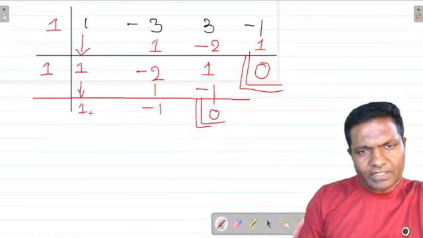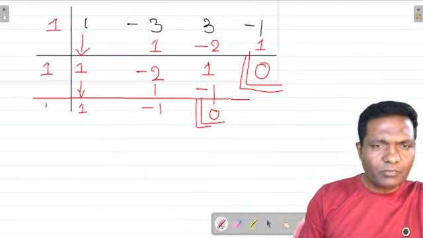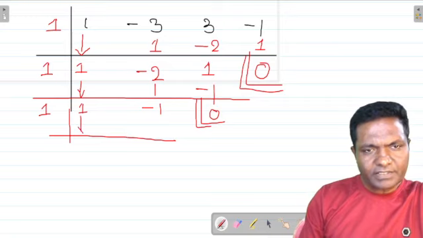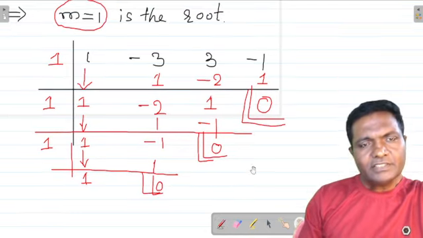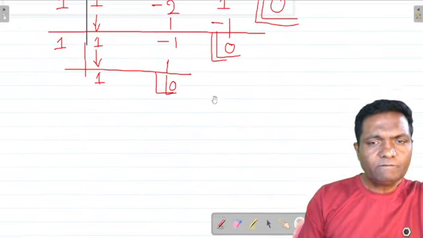Now again look here, 1 minus 1, their addition is 0, so one more time 1 is going to be the root. Bring this number as it is, 1 into 1 is 1 and this is 0. So it is a cubic equation and the three roots are 1, 1, 1.